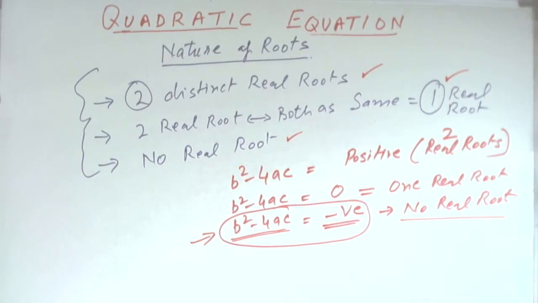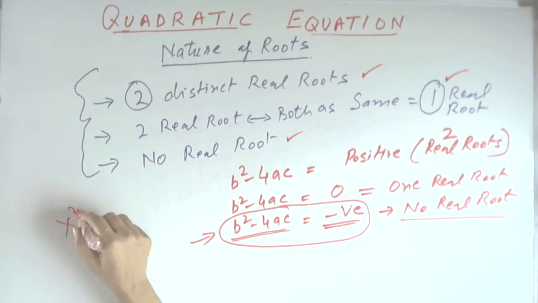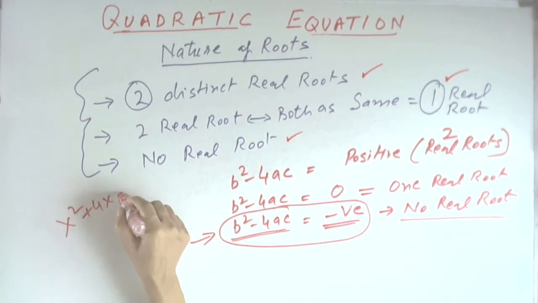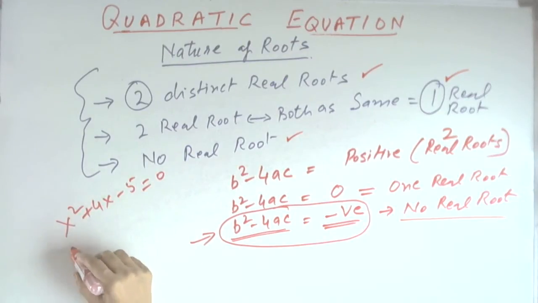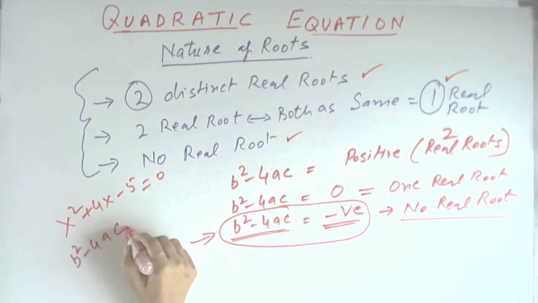So in this video, what we have learnt is how to find the nature of roots for a given quadratic equation. Say for example, in our earlier equation we have x square plus 4x minus 5 equal to 0. So what we need to do is find the value of b square minus 4ac.